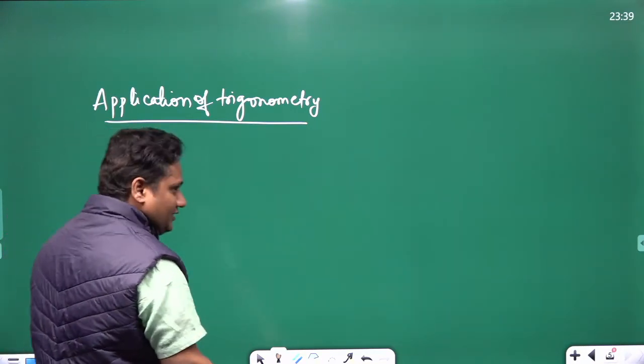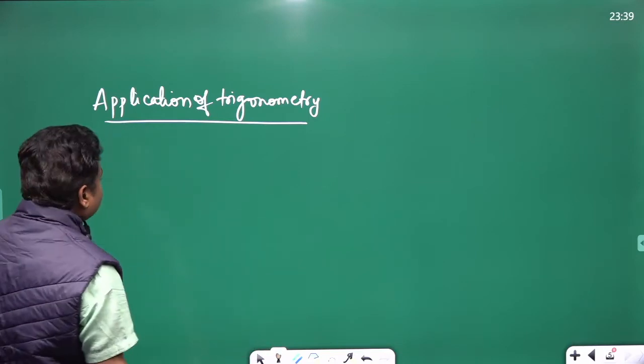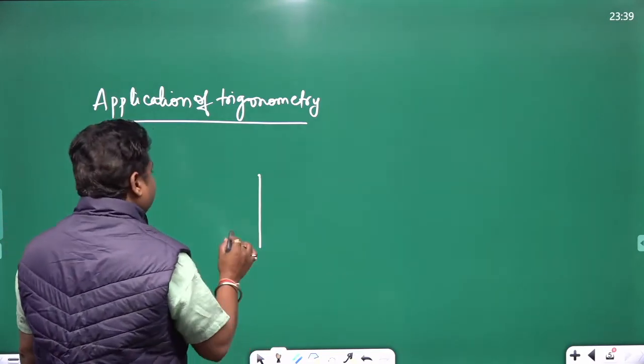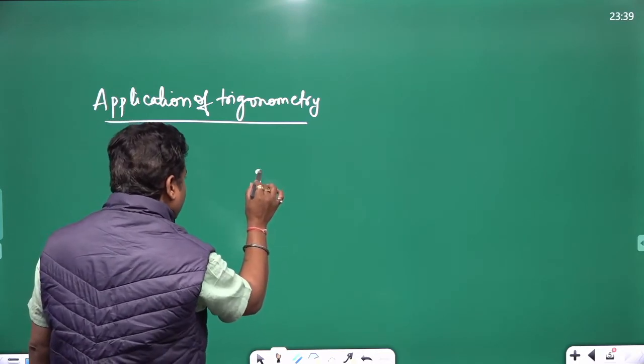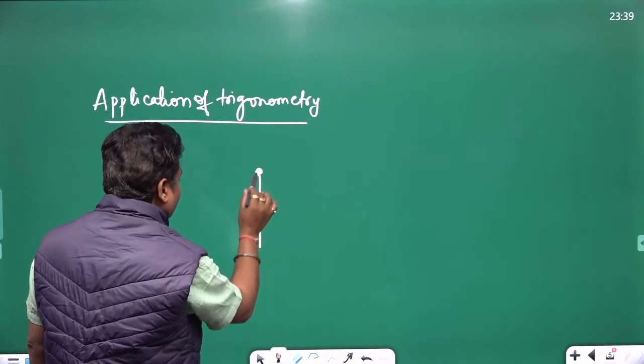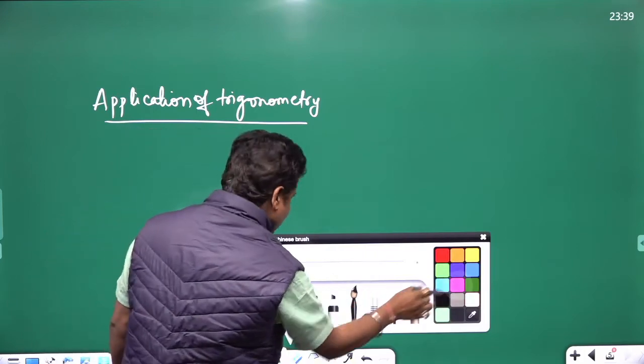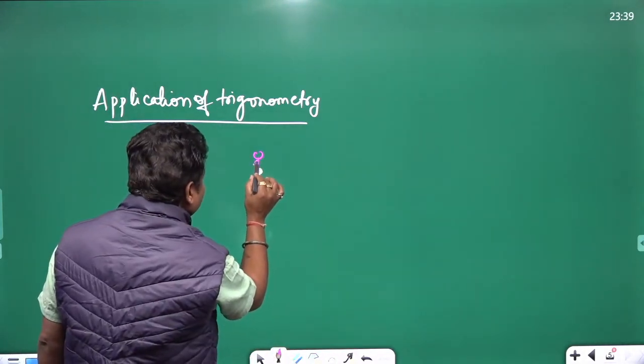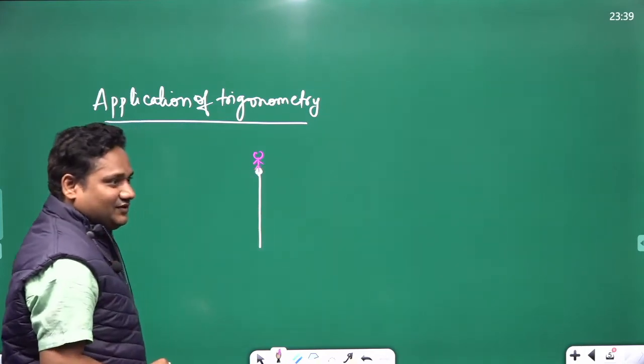Let us suppose Xian is standing on the top of a building. This is Xian. Let us draw Xian. On the top of a building.